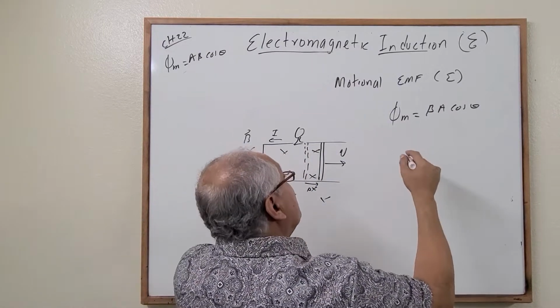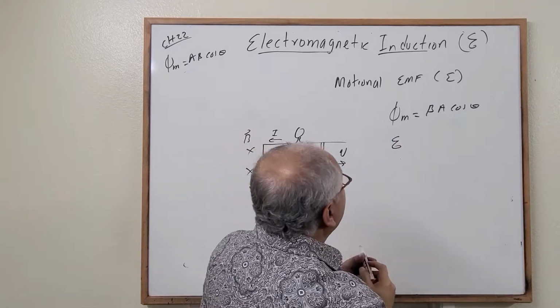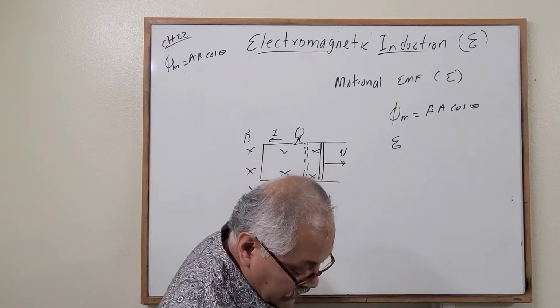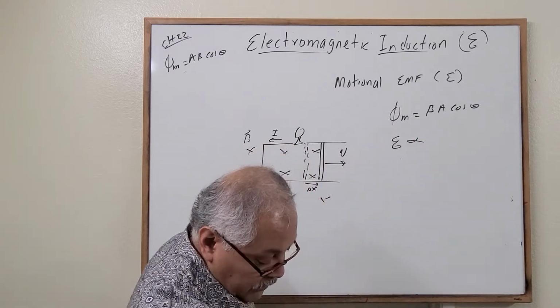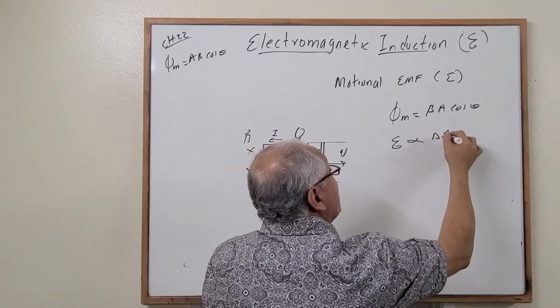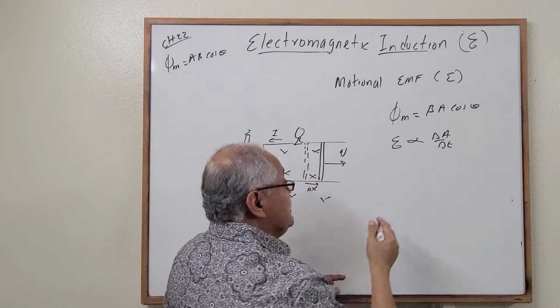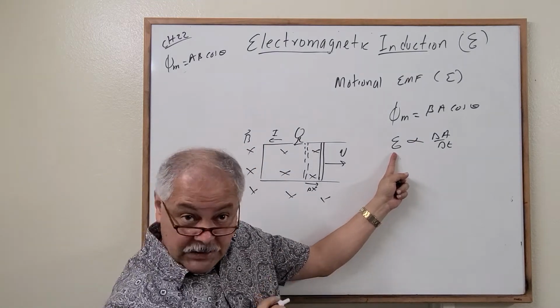Okay, let's do it one more time. The electromagnetic force, then, we have these cases: it is proportional to the change in area with respect to time, right? When we change the area with respect to time, we induce an electromagnetic force and current too.